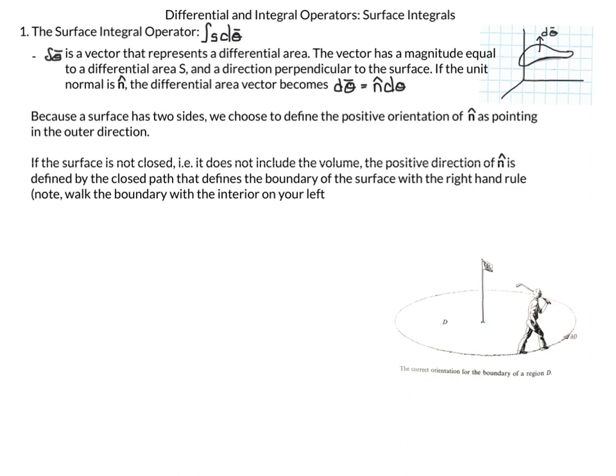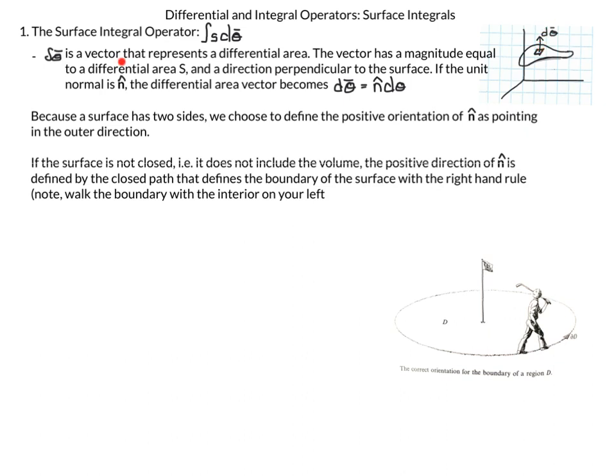We notate the operator for surface integral as the integral over S of d sigma, where d sigma is a vector that represents the differential area. So if we're integrating over a surface, the small piece of area that we're integrating is our d sigma, and the vector has a magnitude equal to the differential area in S and a direction perpendicular to the surface.